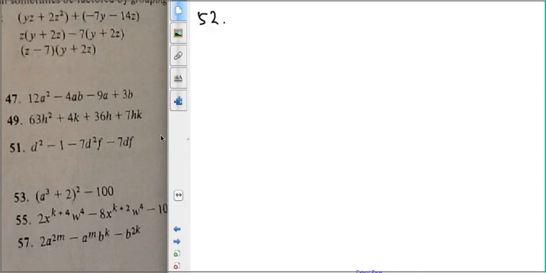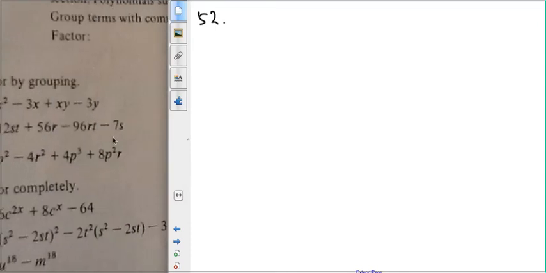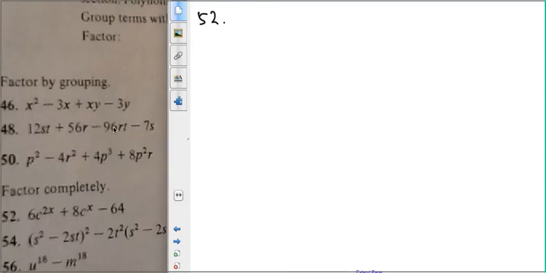52 is 6c to the 2x plus 8c to the x minus 64. Now let's look at this one carefully here. First, 2 seems to be a common factor. So let's factor out 2.